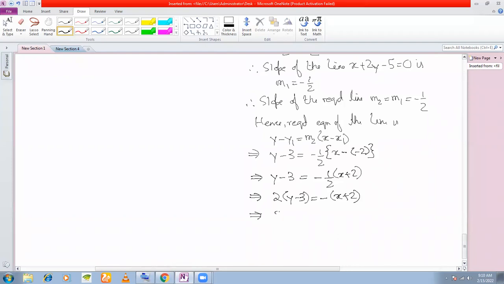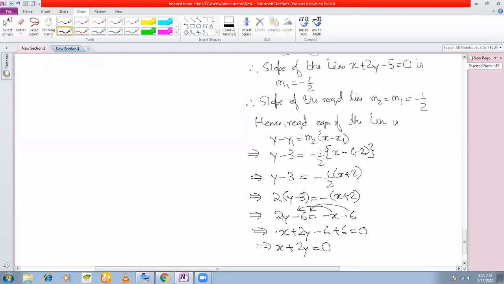Next, that's 2y minus 6 is equal to minus x minus 6. Means you take this x this side and this 6 also this side. So you get x plus 2y minus 6 plus 6 is equal to 0. So you simply get x plus 2y is equal to 0.